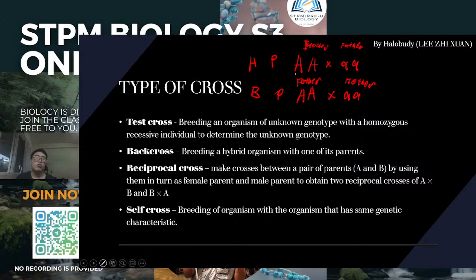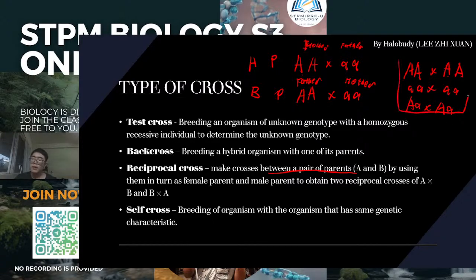So they are swapped between a pair of parents. And then the self cross is very easy, meaning they cross with an organism that has totally the same genetic characteristic, totally the same one.